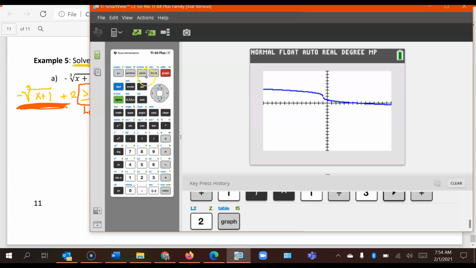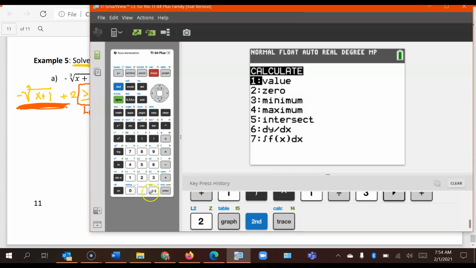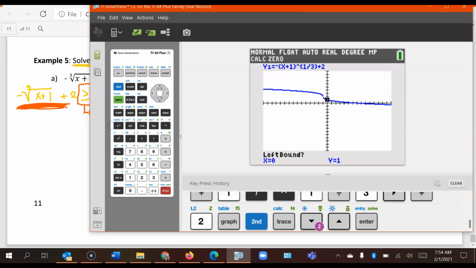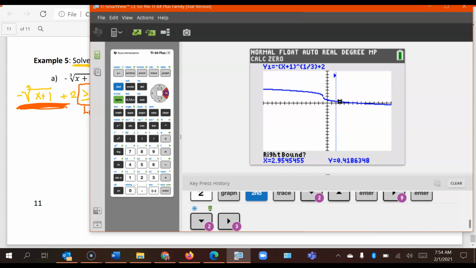We do second, calc. Find your 0. Not your minimum, your 0. Enter. Put the cursor to the left of the 0. Enter. Put it to the right. Enter. Estimate. And the 0 is at 7.